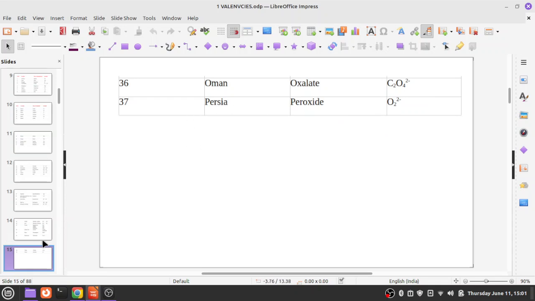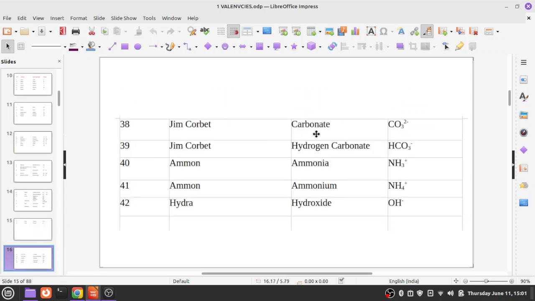Like that, another carbonate CO3 2 minus, hydrogen carbonate HCO3 minus, ammonia NH3, ammonium NH4 plus, hydroxide OH minus.